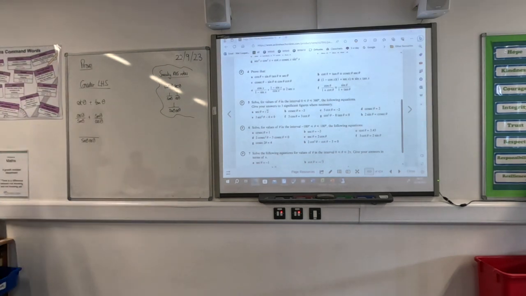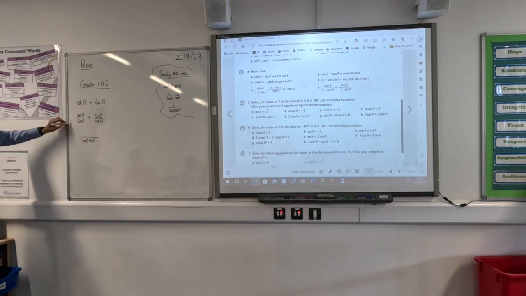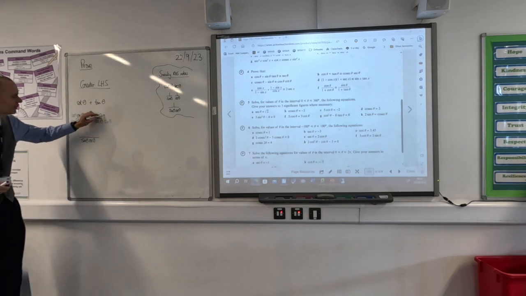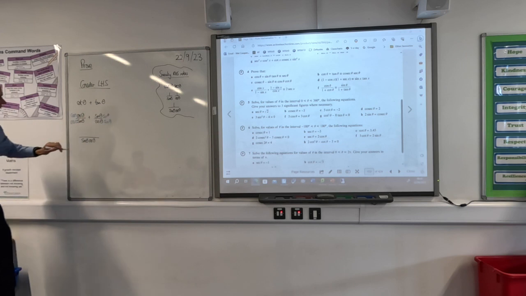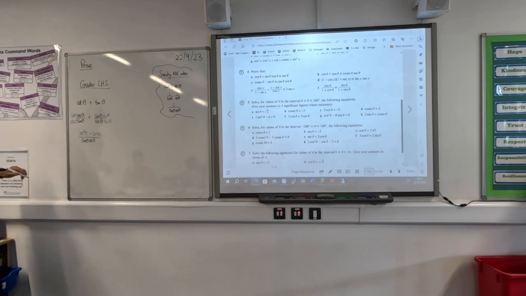So here's that trick we've used before. We've got a fraction with sine theta as the denominator, a fraction with cos theta, so we're going to go for sine theta cos theta. This one, therefore, I need to multiply by cos theta, top and bottom. And this one I need to multiply by sine theta, top and bottom, which gives me cos squared theta plus sine squared theta on the top, which is 1.